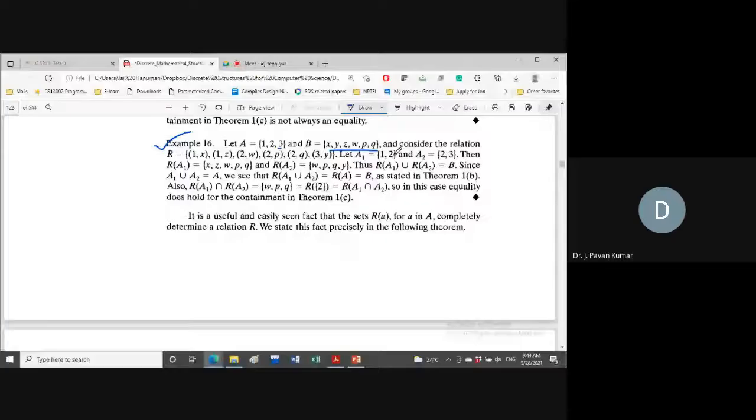Here you can observe this particular one. A is equal to {1, 2, 3}, and B is equal to {X, Y, Z, W, P, Q}. Now R is defined as follows. Now A1 we are saying is {1, 2} and A2 is {2, 3}. A1 and A2 are subsets of A, so the first condition is satisfied.